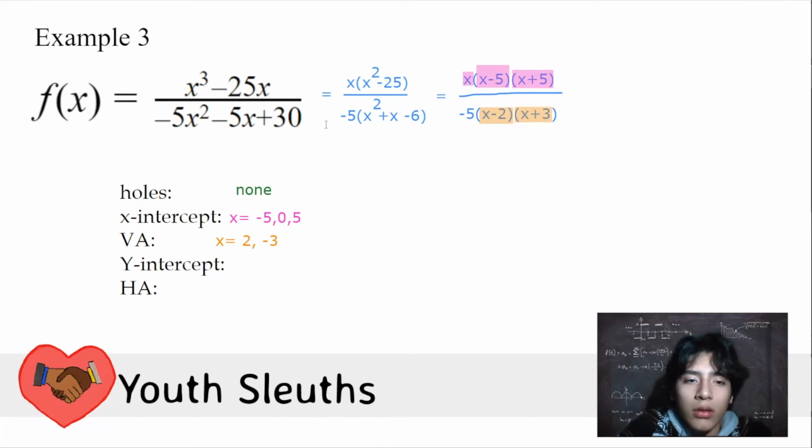Then for our y-intercept, we notice that we just plug in 0 for our numerator and our denominator, which leaves us with 0 in the numerator, and then in the denominator, -5 times 0 is 0, and -5 times 0 is 0, plus 30, with 30, which means that our y-intercept is just 0.